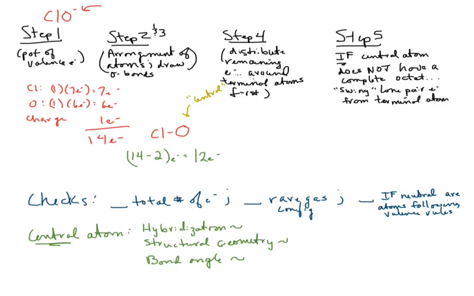I'm thinking this is going to be a beautiful deal. So I'm going to redraw on step number 4 our preliminary structure, which is chlorine, sigma bond, oxygen. And now I'm going to distribute those first around the terminal atom, and that's the chlorine atom. It only has 2. And if it needs 8, then I got to take 6 of those 12. So I'm now down to only 6.